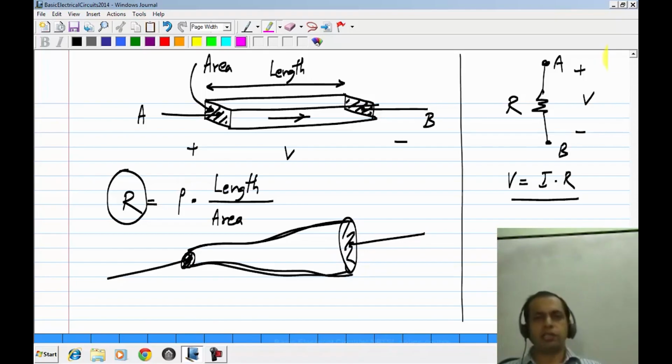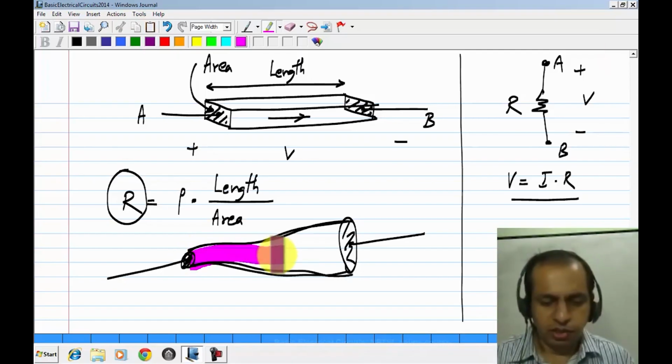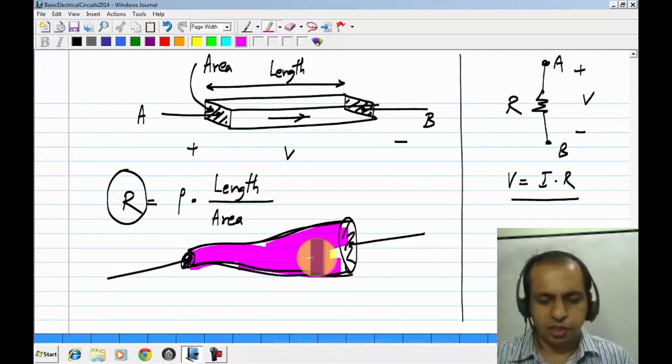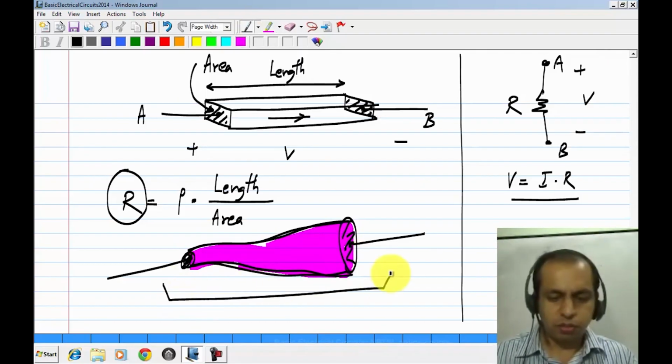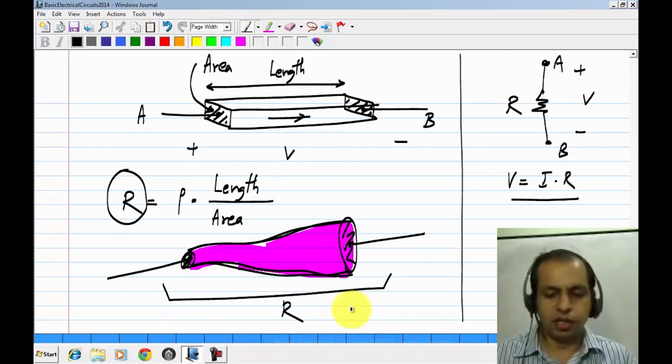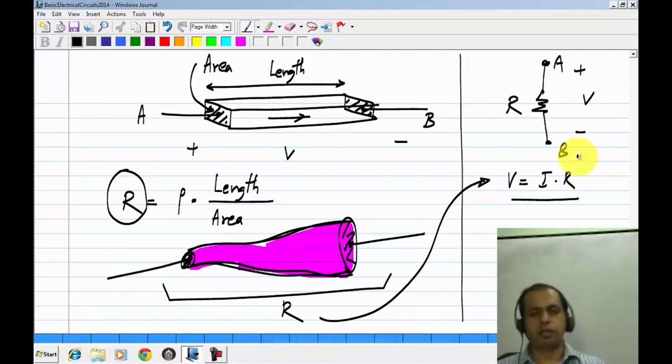As long as it's a resistor, the voltage across it will be proportional to the current through it, and the proportionality constant is given by R. Whoever is designing the resistor will carry out the calculations for an odd shape like this, and tell you that between these we have a certain resistance R, and as far as we are concerned, we simply use this in our formula V equals IR to analyze circuits.